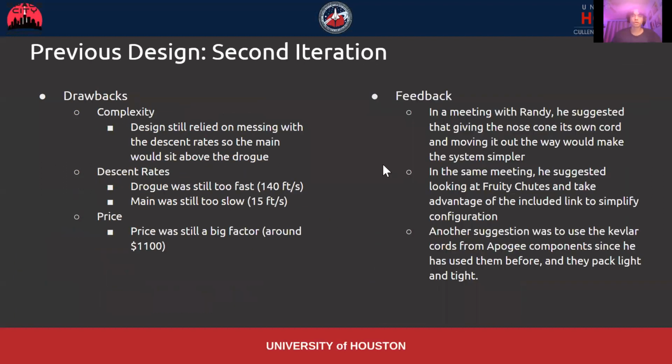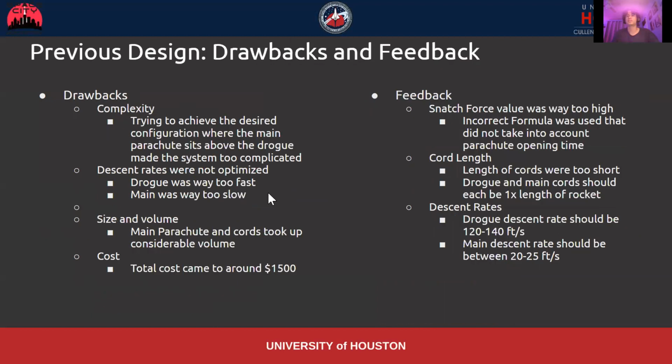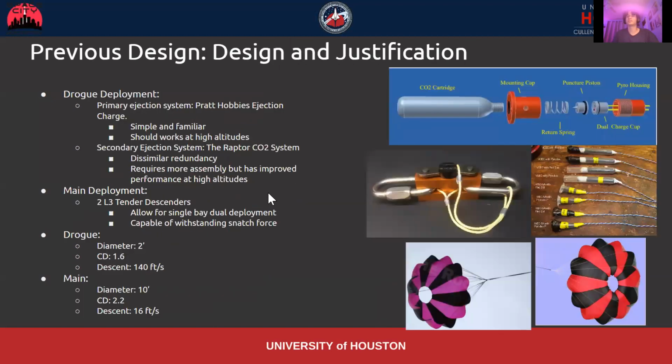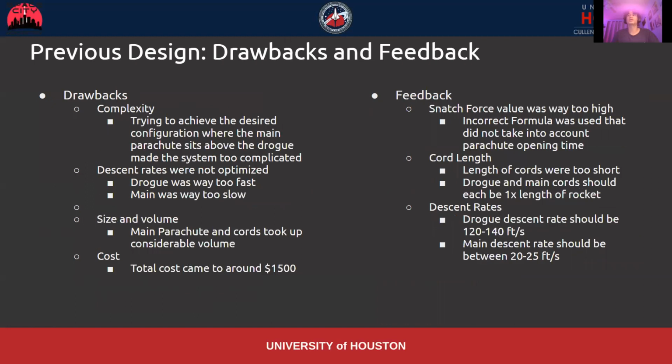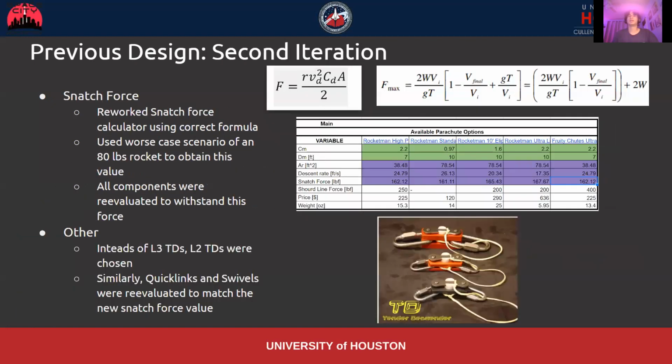So the drawback with the second iteration was that the design still relied on messing with the descent rates to have that configuration. Our drogue was still too fast and our main was still too slow because we still had the same parachutes. It's just that our snatch force was lower, but the parachutes were still the same.